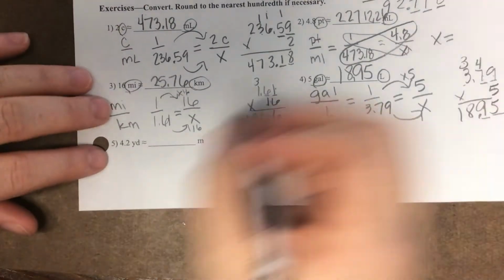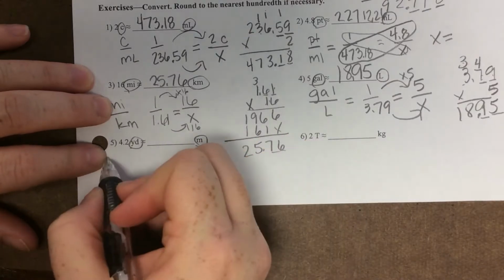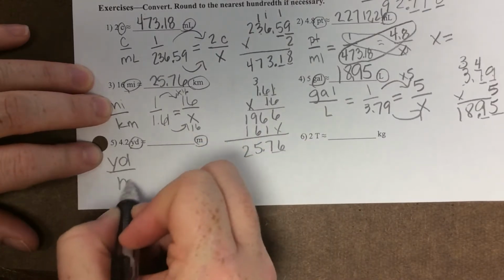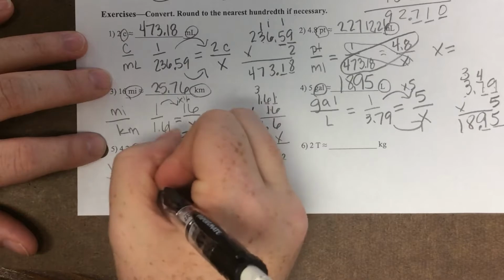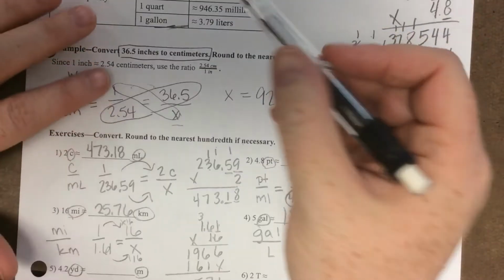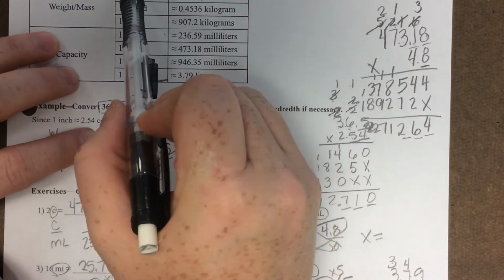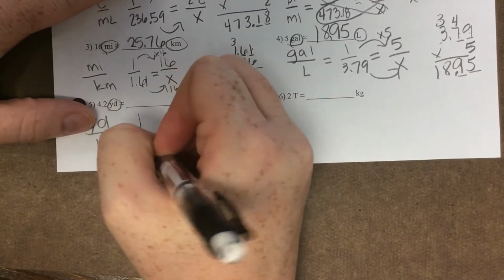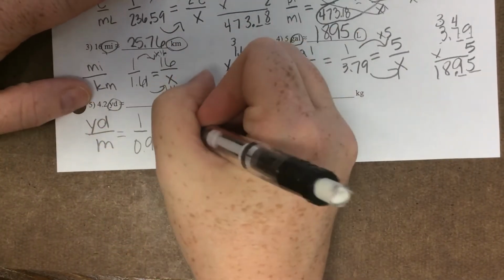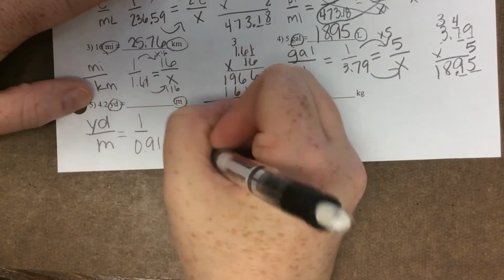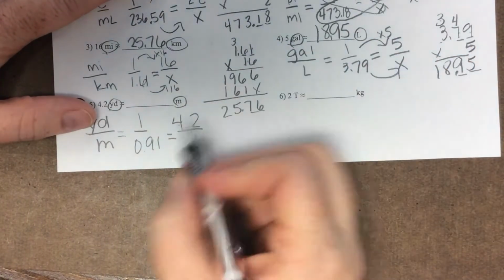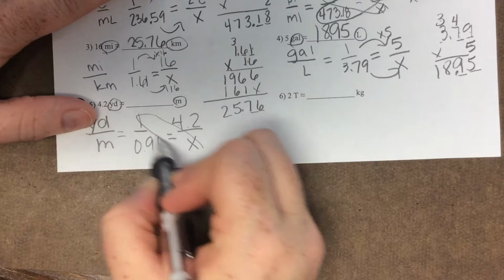We're just going to set these last two up so you can make sure you understand. We're going yards to meters. So we're going to come up here and go yards to meters. 1 yard is 0.91 meters. So that's our known. And then 4.2 yards to X amount of meters. Here we can't scale up, so we cross multiply.